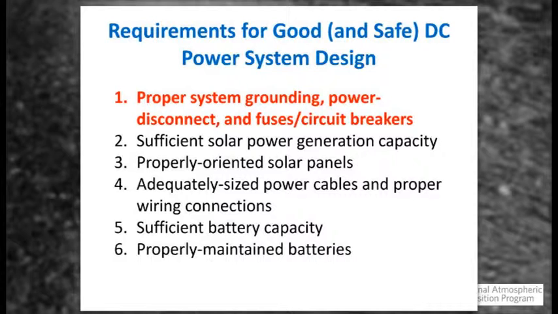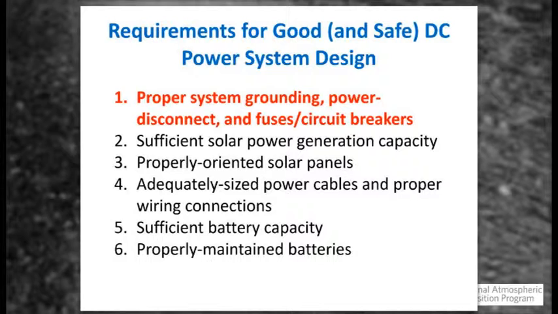One of the things that we always want to preach is the wiring, proper system grounding, power disconnect, fuses, circuit breakers, sufficient solar power generation capacity. You never want to use something that is overpowered with smaller wiring, or something that's less with bigger wiring.